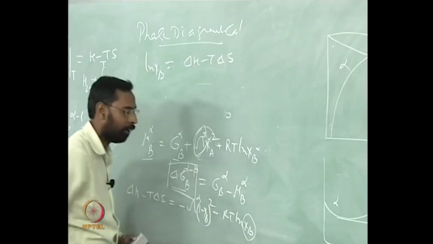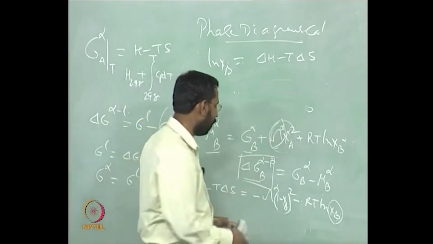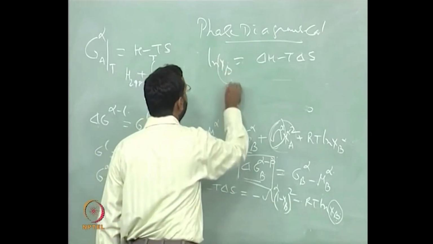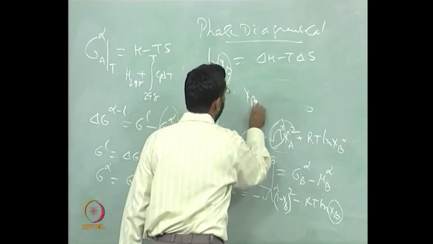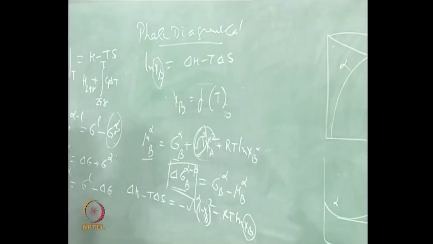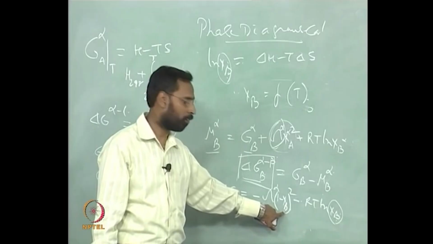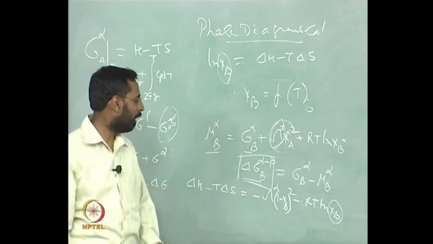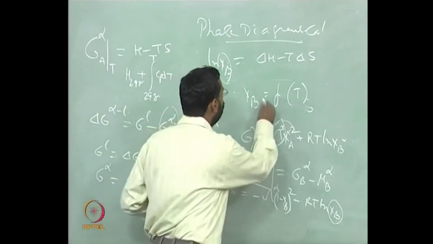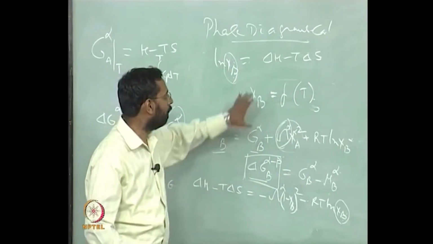If you write this, you will have the xb term coming here, and then that can be written in terms of the omega, and once you write it in terms of omega, you can calculate how xb changes as a function of the temperature. You find out what the xb is and see how this and this can be connected. If you want, we can derive this at some stage, but you can go back and see how it can be derived.